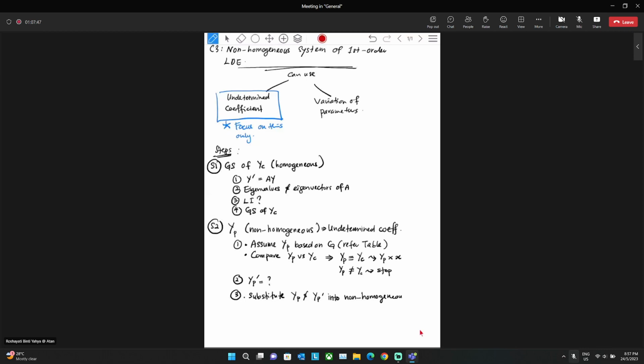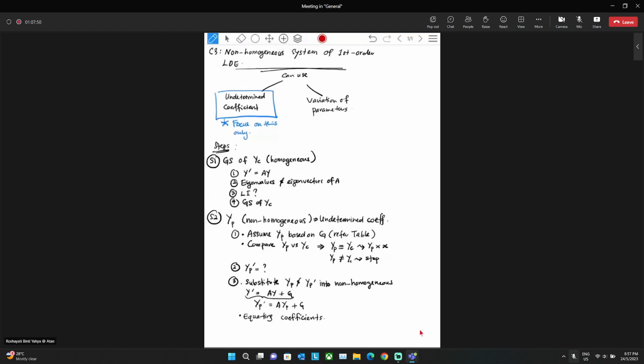So step number 3, we go for general solution for the system.